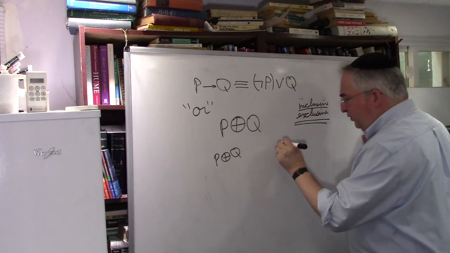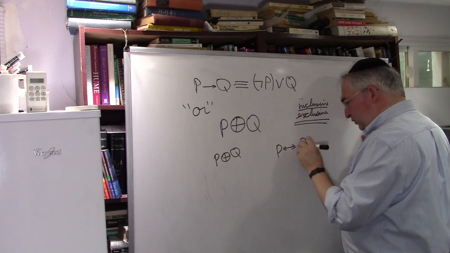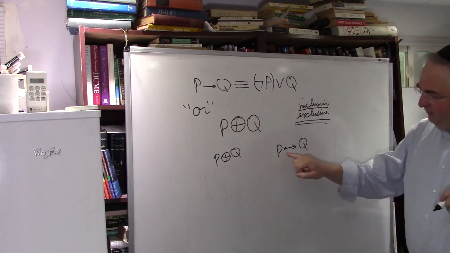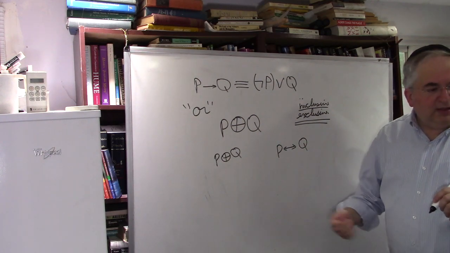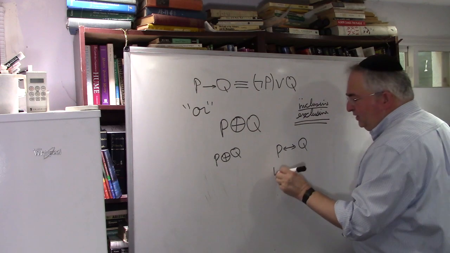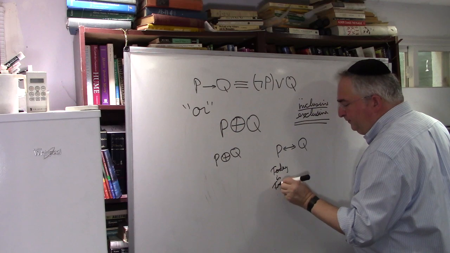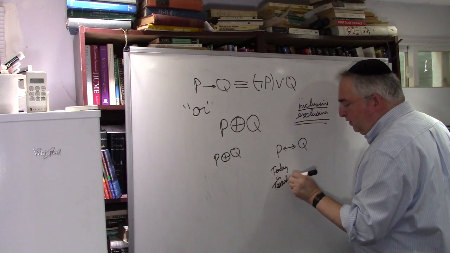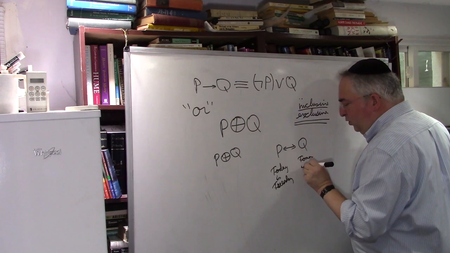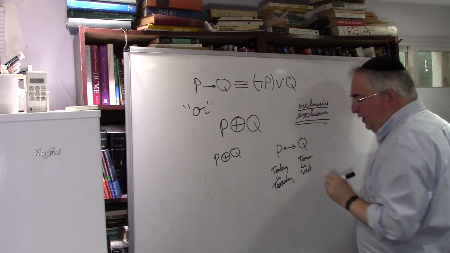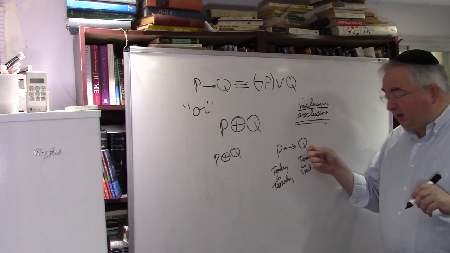Let's do another operation. P double arrow Q. What that says is, if this is true, then this is true. If this is true, then this is true. Let me give you an example. If today is Tuesday and tomorrow is Wednesday. If today is Tuesday, then tomorrow is Wednesday.